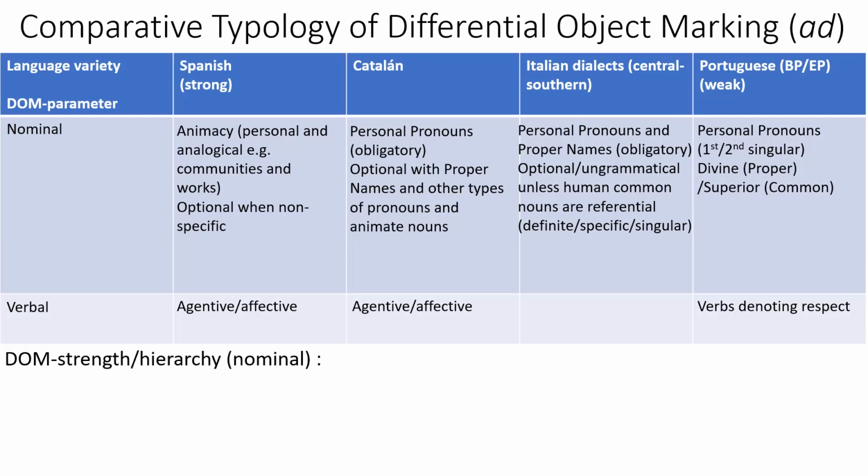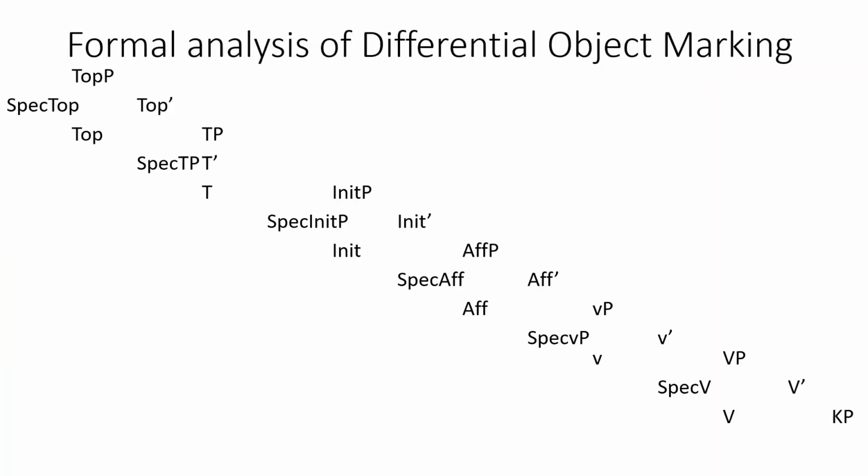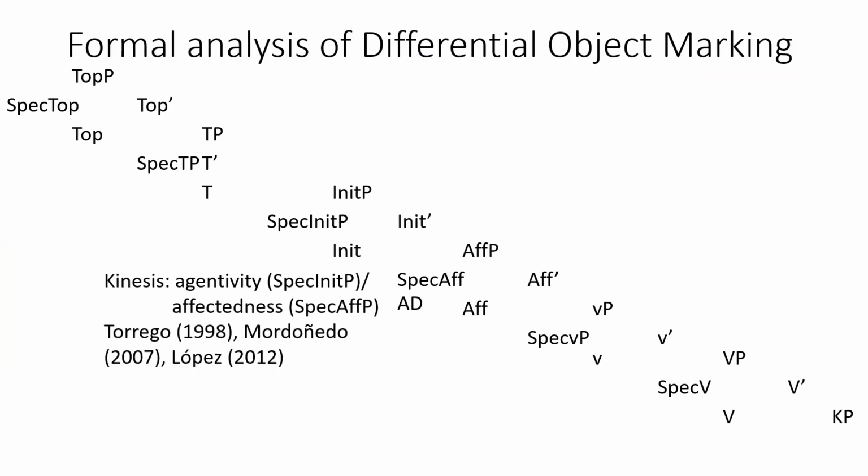So, if we put this on a cline, we may get something like this. Again, I shan't go through this. This is the cline that we can reconstruct for Western Romance DOM. Right. So if we analyze this formula, if we look at the tree again, we get a on the affectee, and here kinesis.